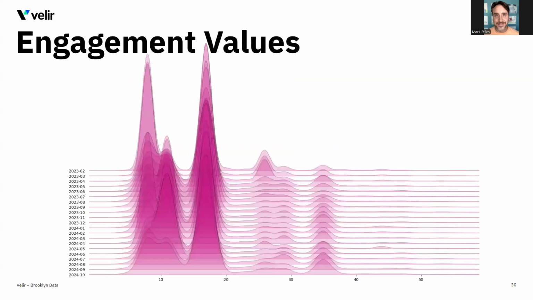And so the engagement value, this is just a unique visualization, which is at the top. On the left, you'll notice the vertical bar of the dates. And so the ones at the top are the furthest away, they were the longest ago. The ones closest are most recent. And so you can see over time how things have changed. And so the engagement values are scored.